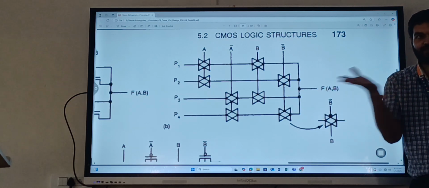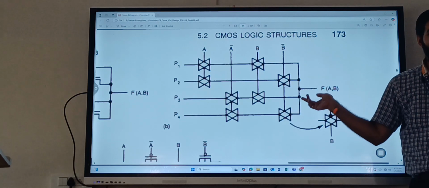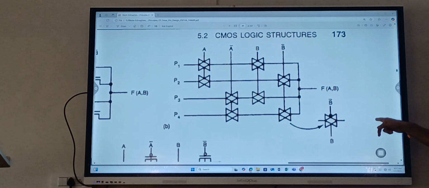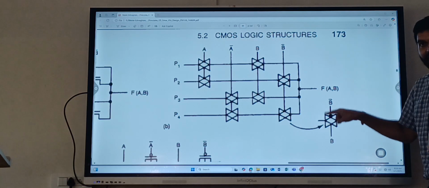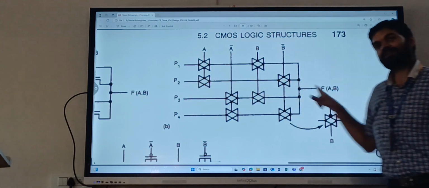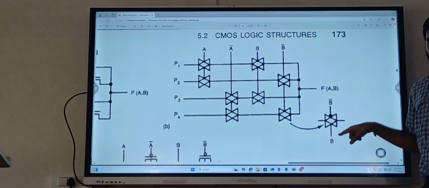TG also acts like a switch, NMOS also acts like a switch. What is the difference? If you give 5 volts here, will I get 5 volts here? Yes, because that 5 volts will be passed by the PMOS present in the TG. If I give 0 volts here, I will get 0 volts here, because that 0 will be passed by the NMOS in the TG.